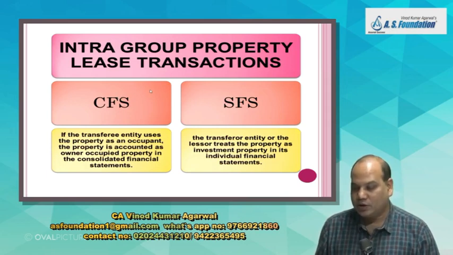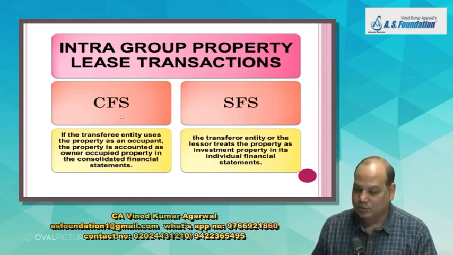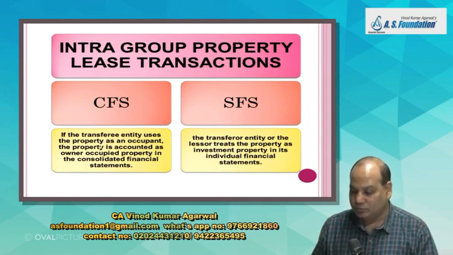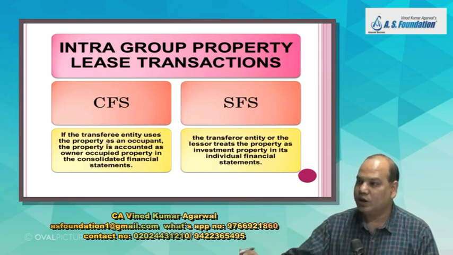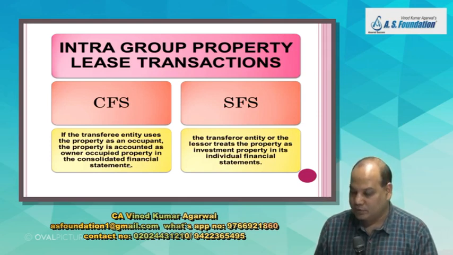Intra-group property lease transaction: either the parent has leased out to a subsidiary, a subsidiary has leased out to the parent, or one subsidiary has leased out to another subsidiary in the same group. If the transferee entity uses the property as an occupant, transferee means the one who has taken on lease, the property is accounted as owner occupied property in the CFS.